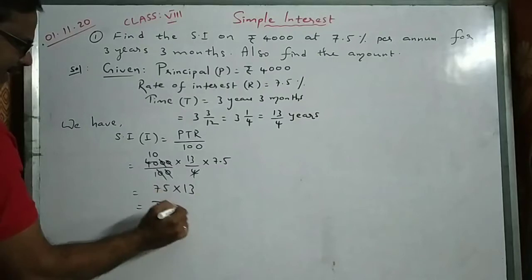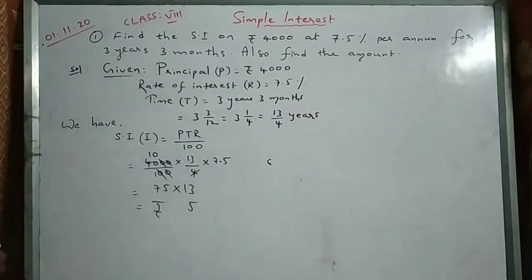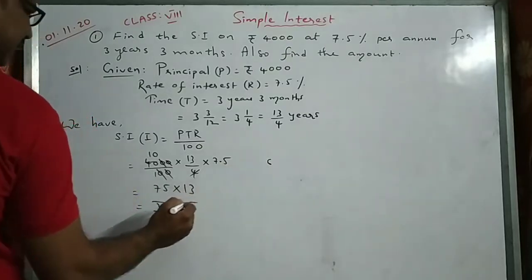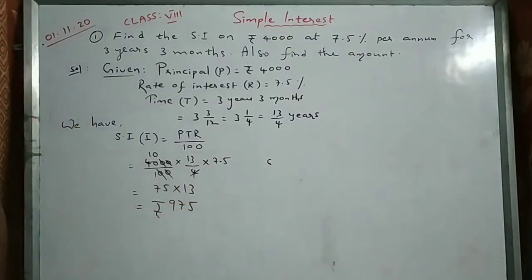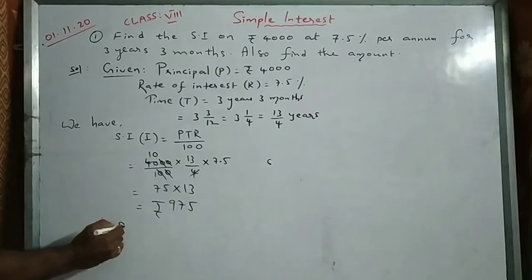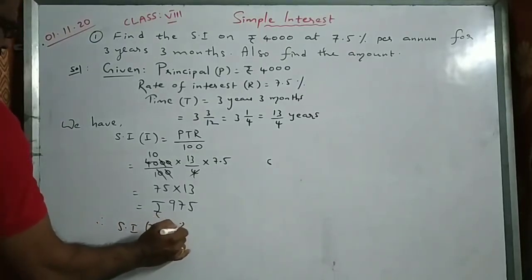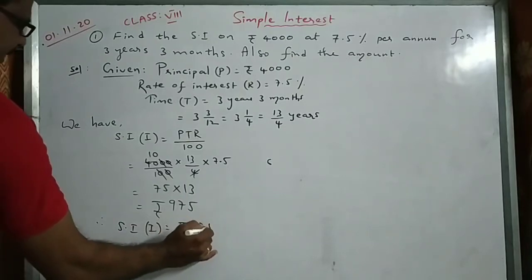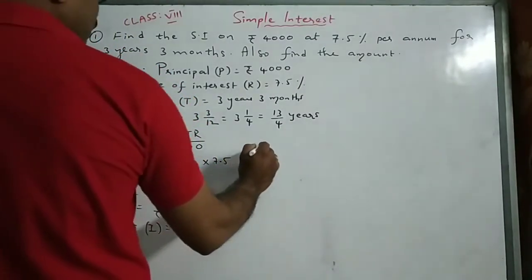This will be 13 fives are 65, 13 sevens are 91 plus 6, 97. So 975. Right? Correct. So this is simple interest, right? Simple interest, how much we got? I equal to rupees 975.